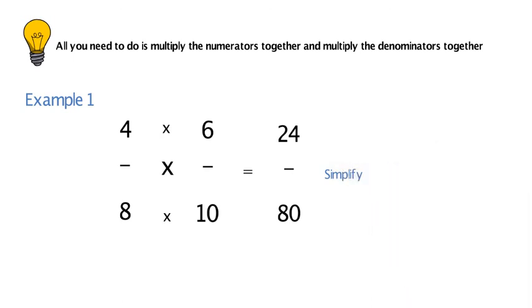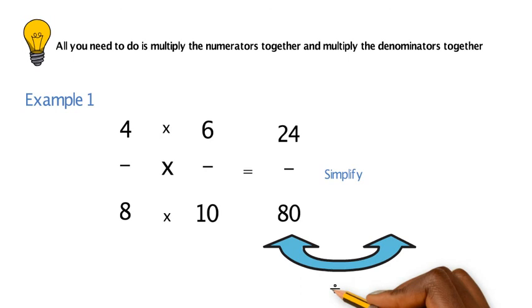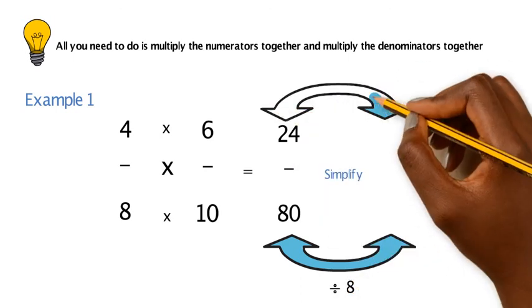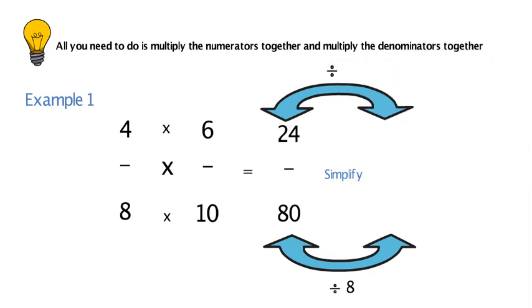And we can simplify this by dividing both the top and the bottom by 8. This leaves us with an answer of 3 over 10.